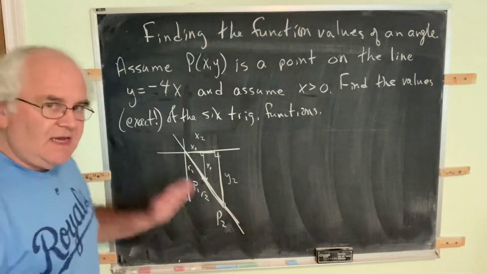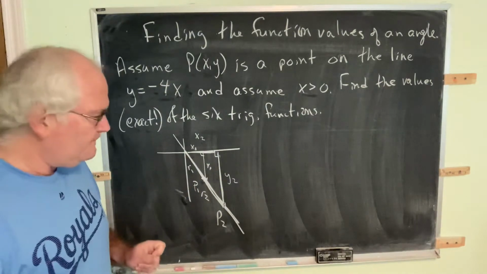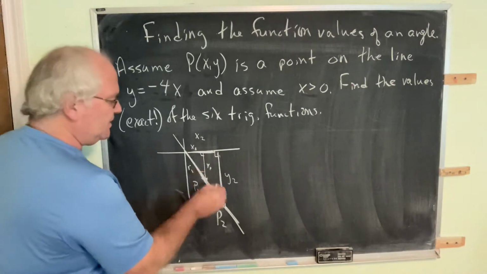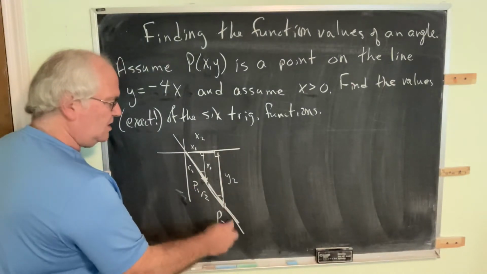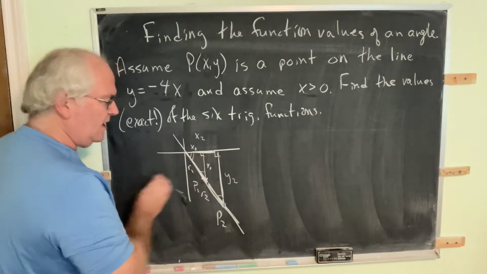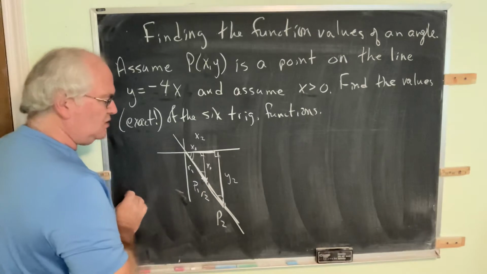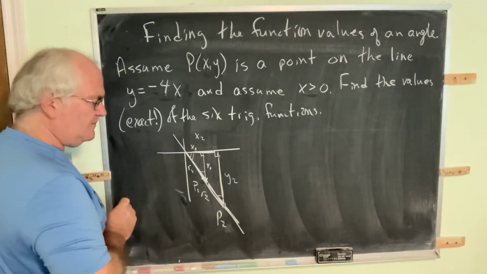Now, the key is these two triangles are similar. We know these angles are the same because these are parallel lines crossed by a transversal. We know these are right angles, and we know this angle is the same in both triangles. And so we know these are similar triangles, and so we know they are in proportion.